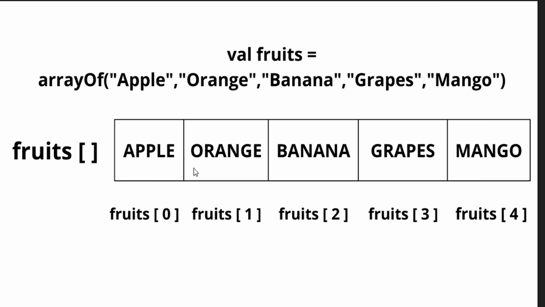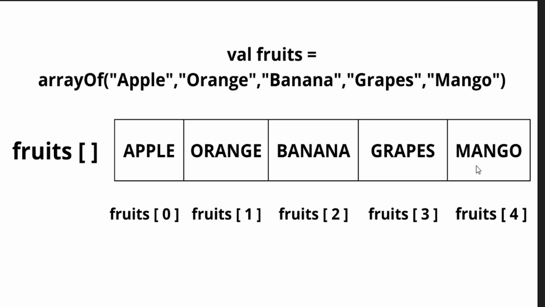The first element in the array is considered the 0th element. So if you want to access apple, you write fruits and in the brackets give 0, because apple is 0, orange is 1, banana is 2, grapes is 3 and mango is 4.